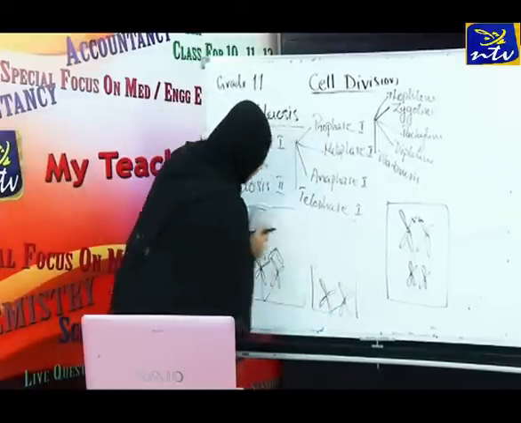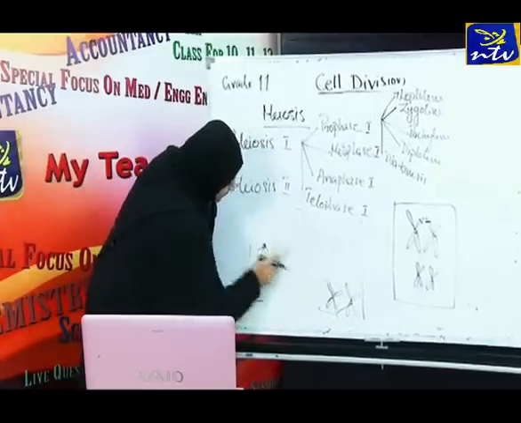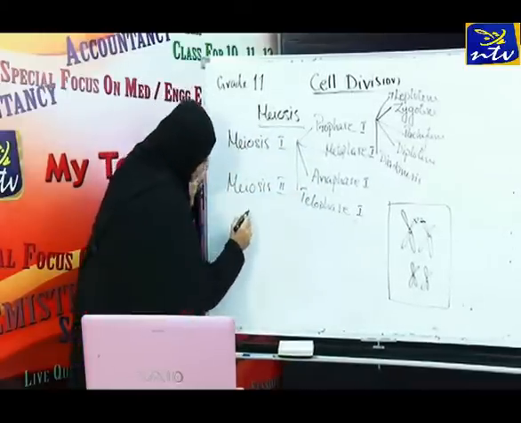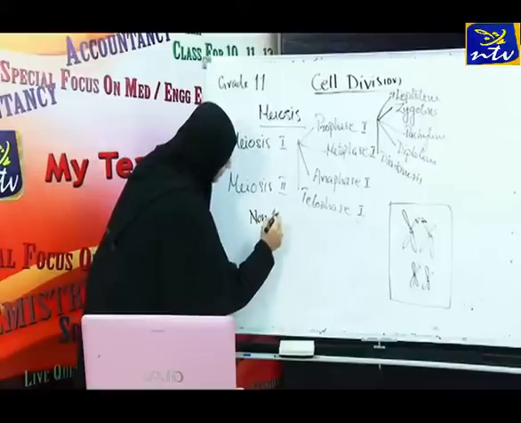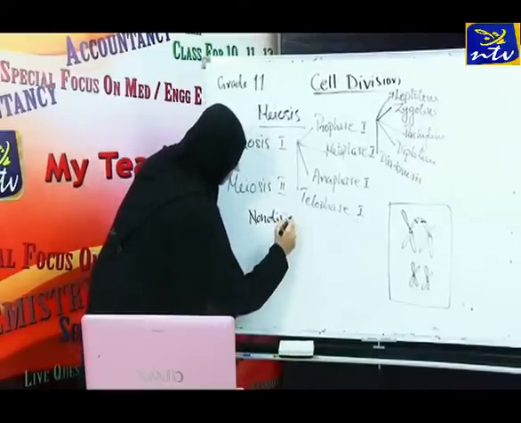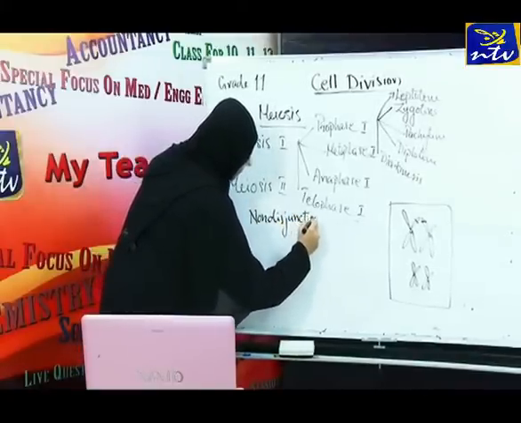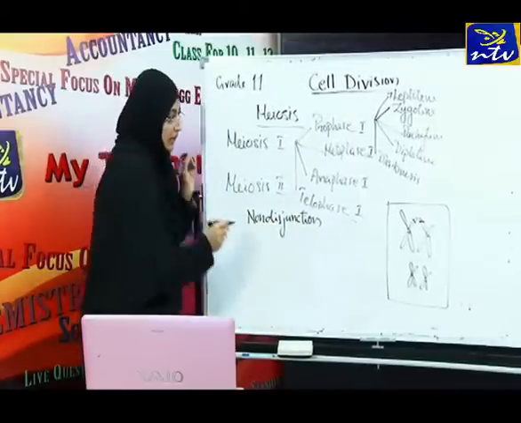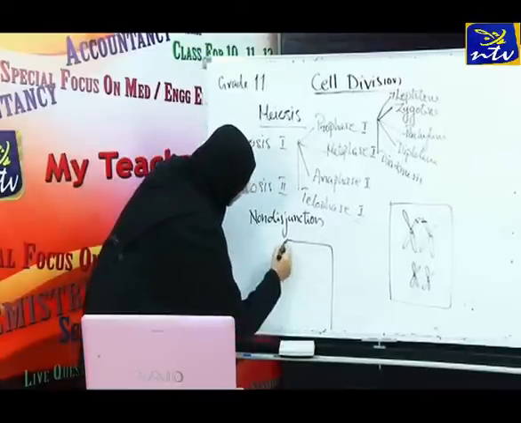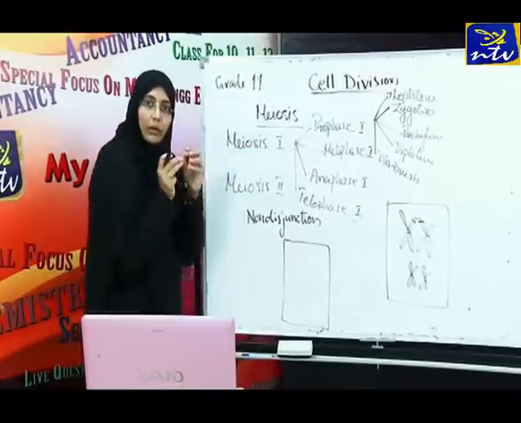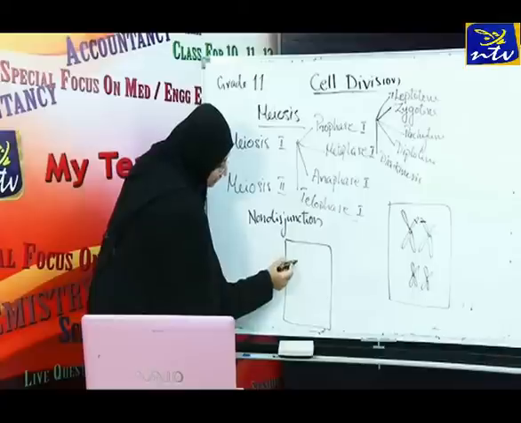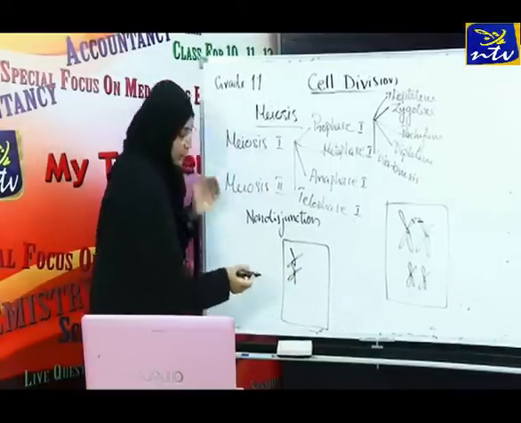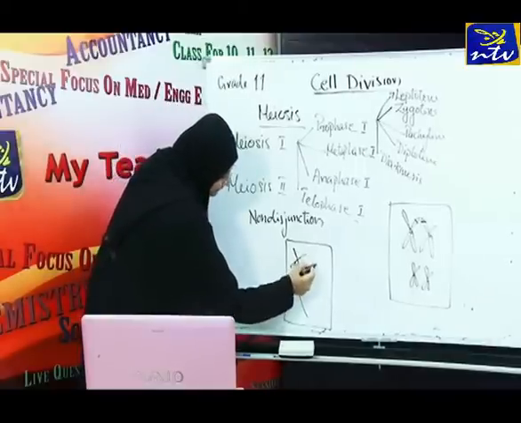Now let us see what non-disjunction is. This is related to your genetics topic, but you should know what non-disjunction is. Non-disjunction of homologous chromosomes. Here we can see that, as I have mentioned, when anaphase 1 takes place, homologous chromosomes should separate, but instead of separating, both the homologous chromosomes together will move into a single cell.